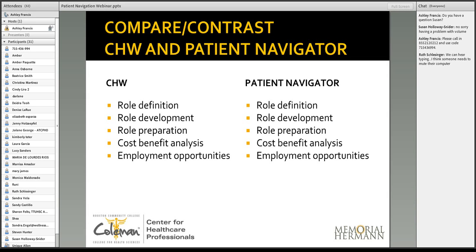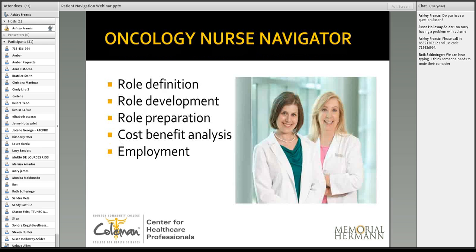They share interest in a long-term relationship, and therefore they have broader opportunities with which to seek employment. And now I'd like to turn the final objective over to Amy Deutsch, and she will be describing the role of the oncology nurse navigator.